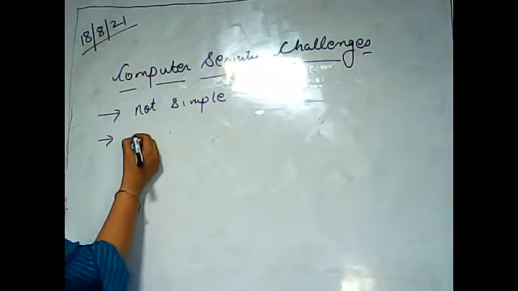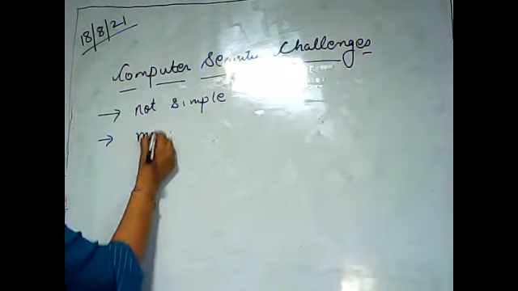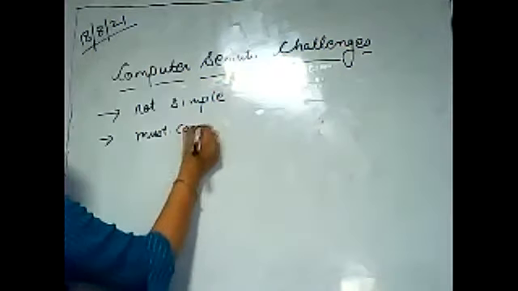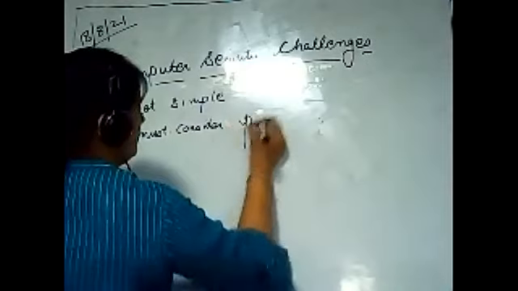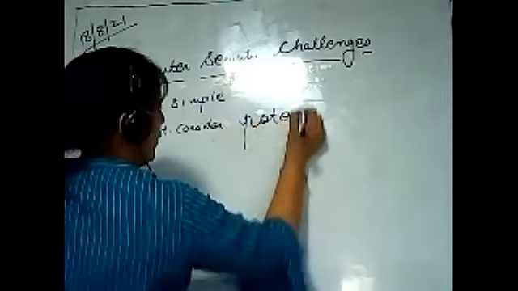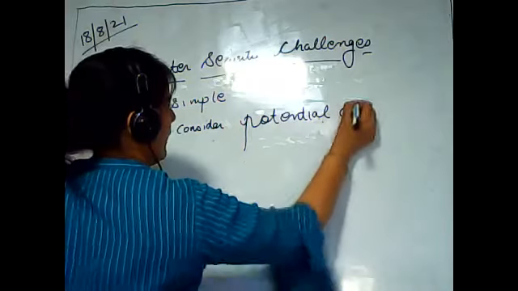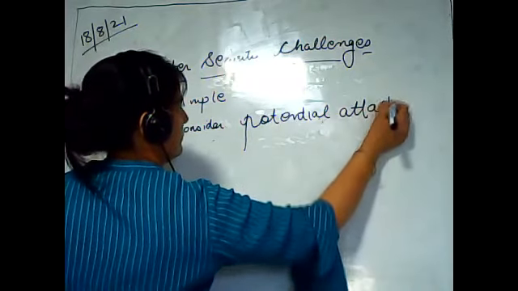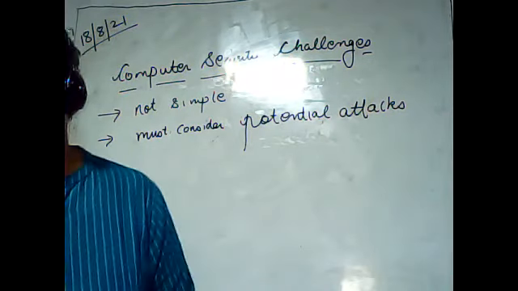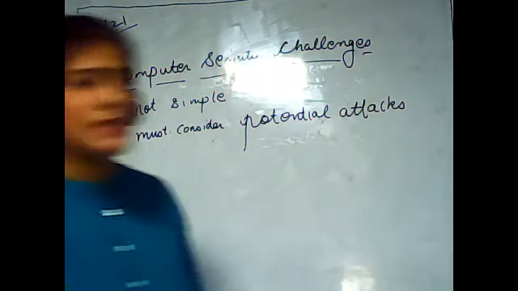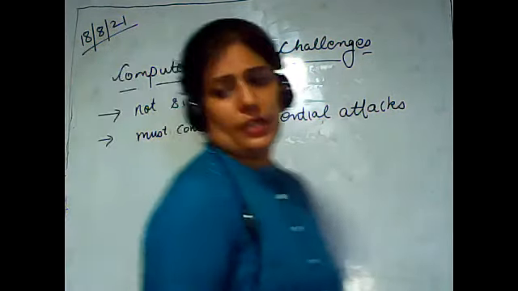We must consider potential attacks. That is the main challenge, that we are not aware of all those attacks at the maximum level that could be faced in that particular system.